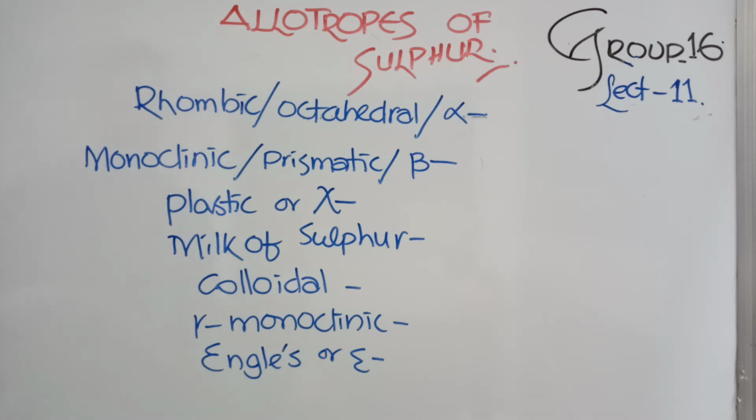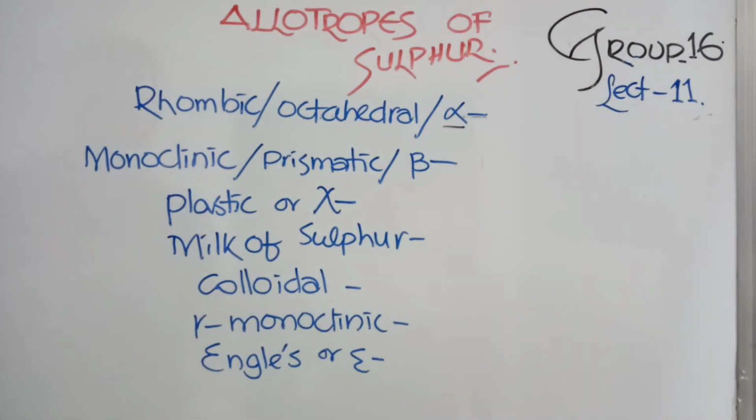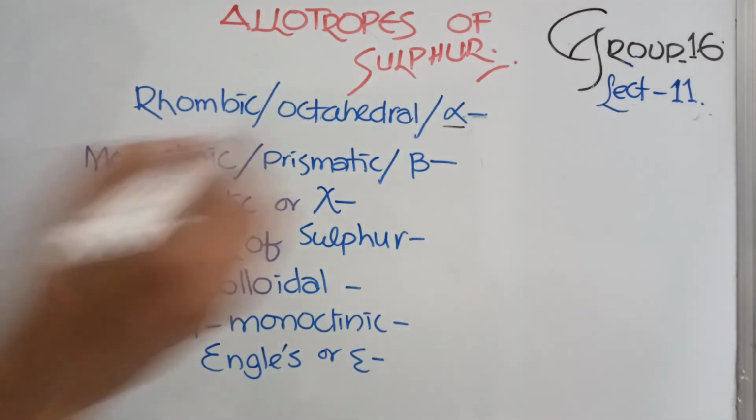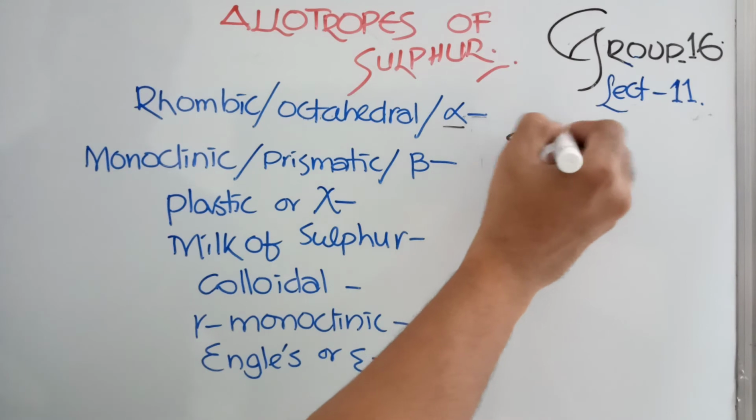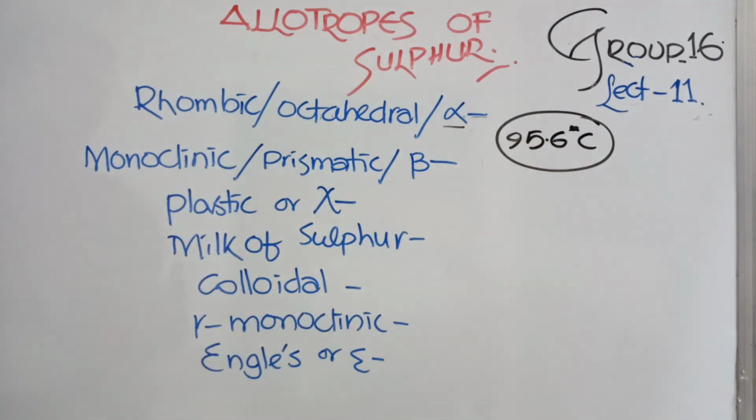First one is rhombic sulfur, also called octahedral sulfur, also called alpha sulfur. The interesting point of rhombic and monoclinic is the temperature 95.6 degrees Celsius, the transition temperature. Below 95.6 degrees Celsius, rhombic is stable. Above 95.6 degrees Celsius, monoclinic is stable.